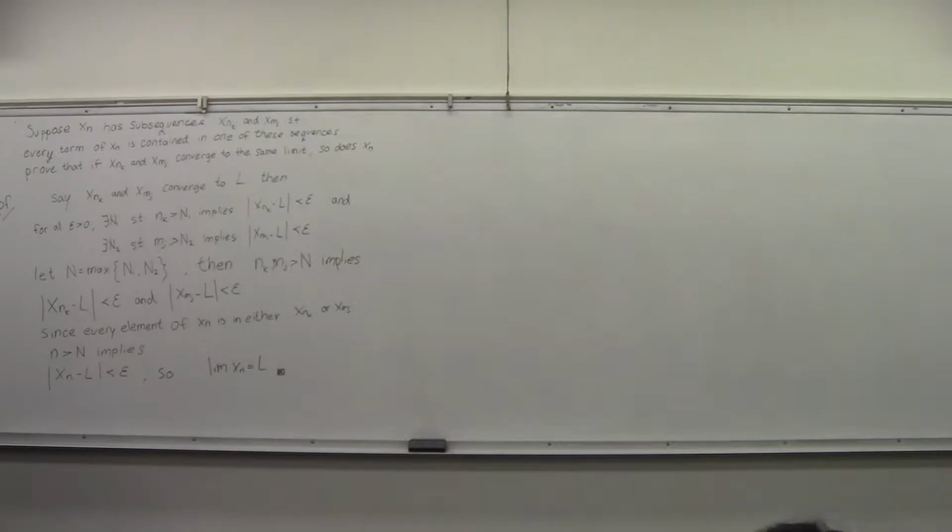Yeah. So what I would say about this, and it's not wrong. It's not wrong, but it's sort of skipping over a small step, which is that you have this subsequence. You have this other subsequence.